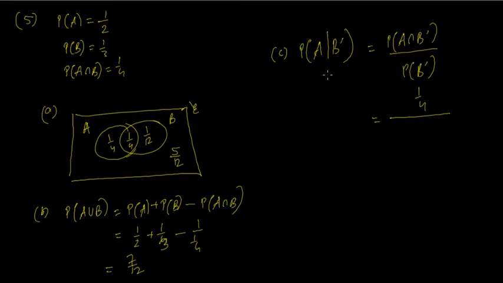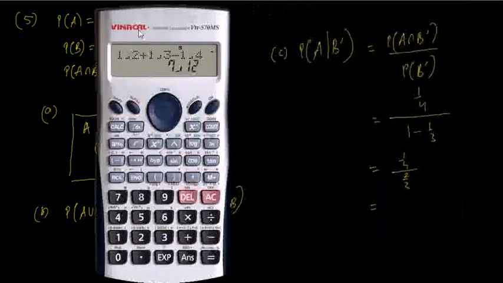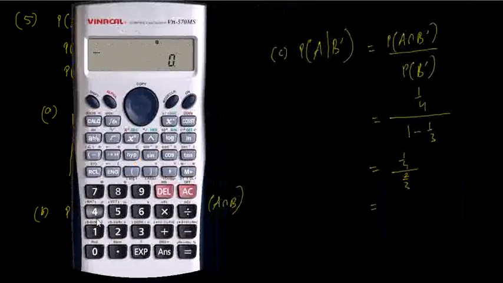And B prime is outside the B circle, or 1 minus B, which is 1 minus 1 by 3. So that is going to be 1 by 4 divided by 2 by 3, which is 3 by 8.